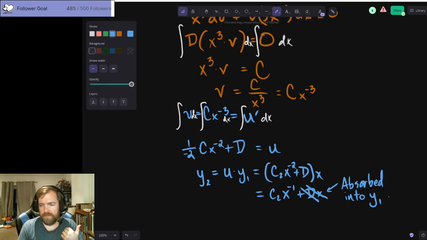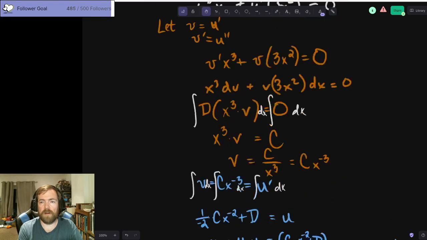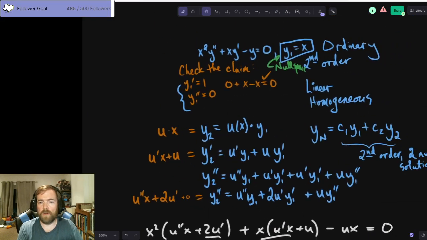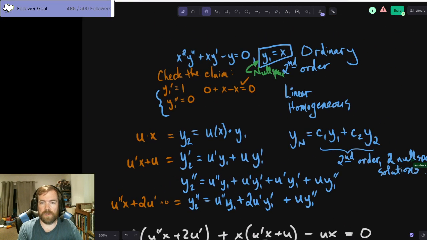Again, if it's got a linear portion, that's just going to get absorbed into y1 as well, so we don't need to concern ourselves with it. So y2 is going to be something that looks like 1 over x. And then from our y1 that we listed up top was just y1 equals x.